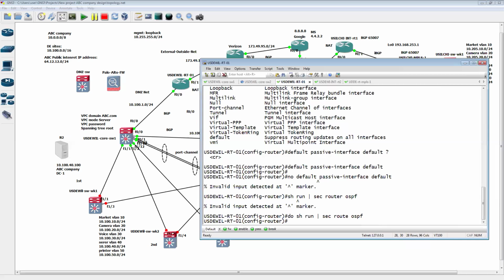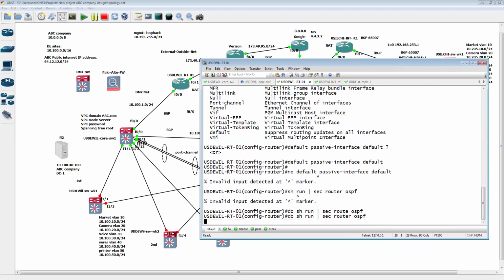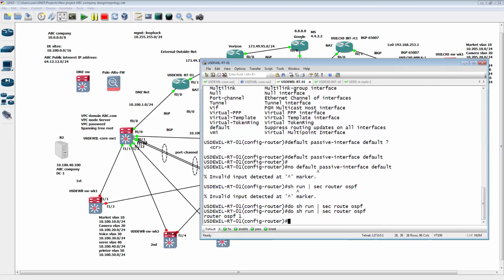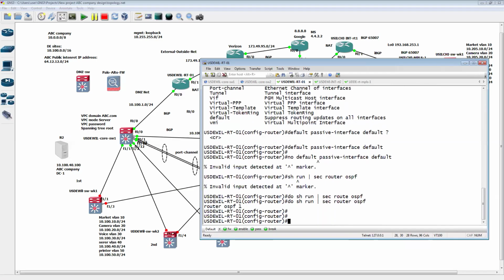Oh, just only one. Oh, yeah, we didn't do anything yet. Okay. So now if we want to say passive interface default again in here, okay.